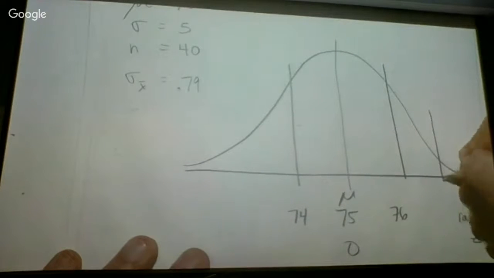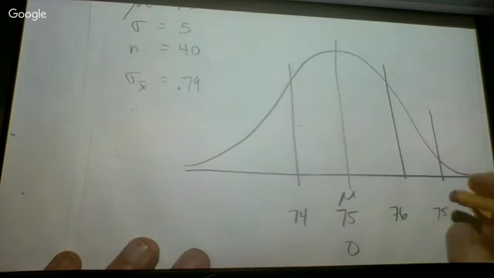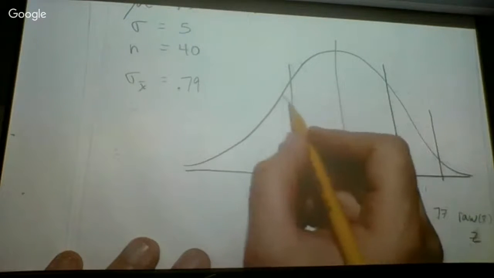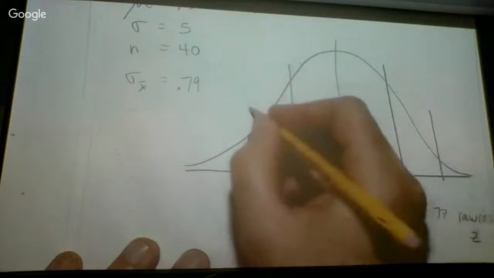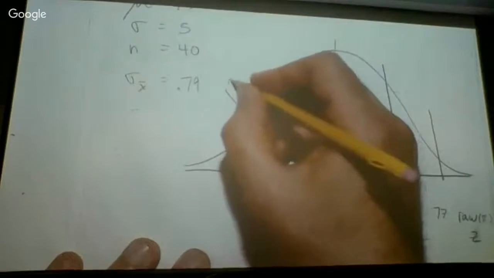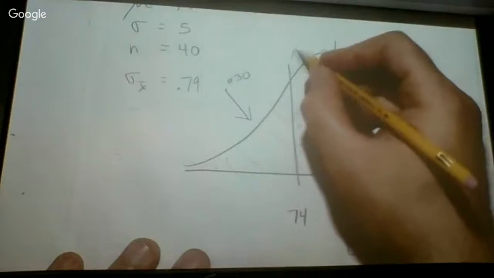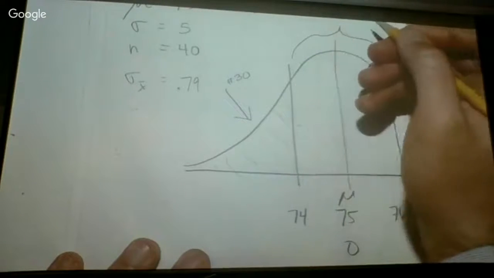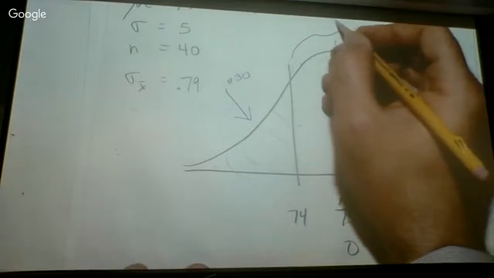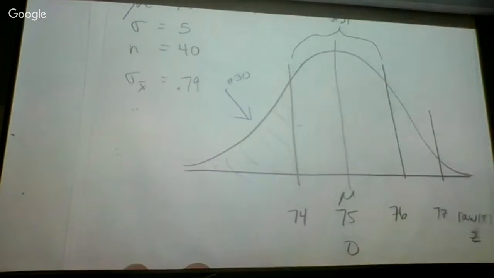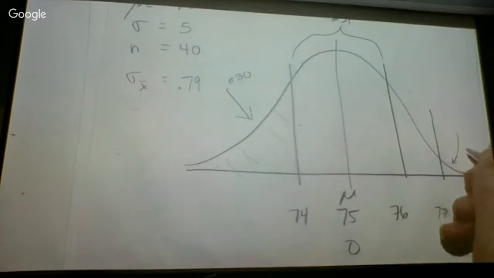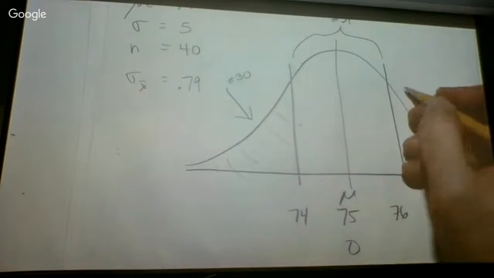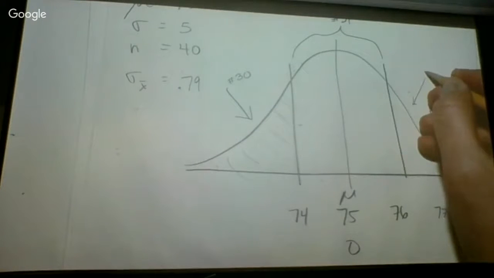A raw score of 77, which needs to be converted to a z-score. Because question 30 says I want less than 74. I know that question 31 says between 74 and 76. I know that 32 is greater than 77. I know that 33 says between 76 and 77.